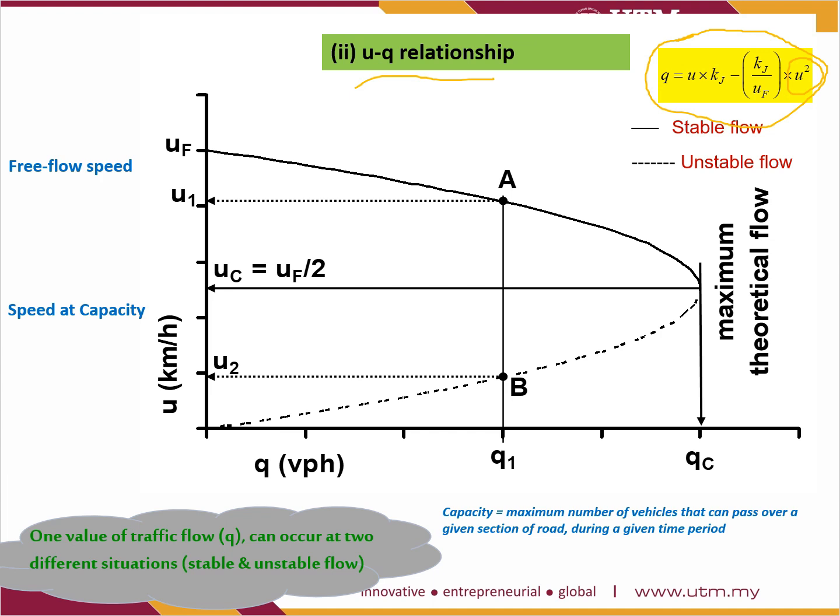It has the same conditions as the previous one, the speed-density relationship, where we have the free flow speed, the maximum capacity, and the speed at the capacity. And then we have Qc here, at the capacity. So it's going to be the same.